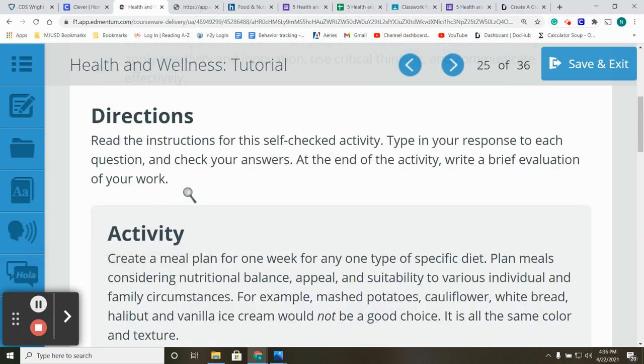All right, for this health and wellness tutorial creative arts project, the suggestion is that you create a meal plan for 1 week for any one type of specific diet. Plan meals considering nutritional balance, appeal, and suitability to various individual and family circumstances.